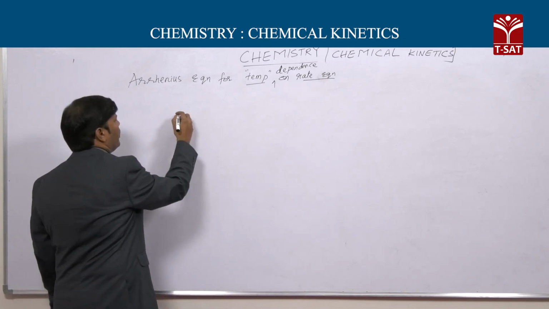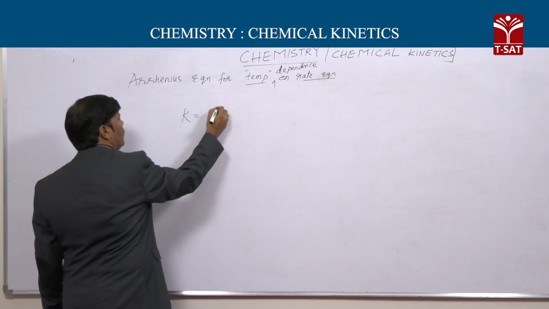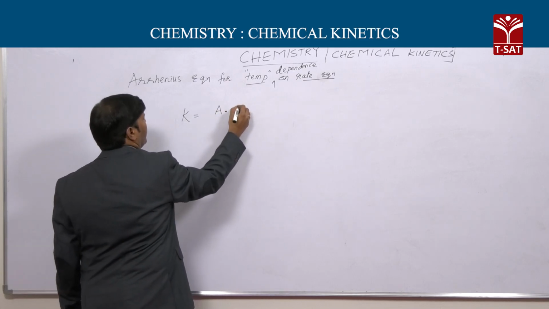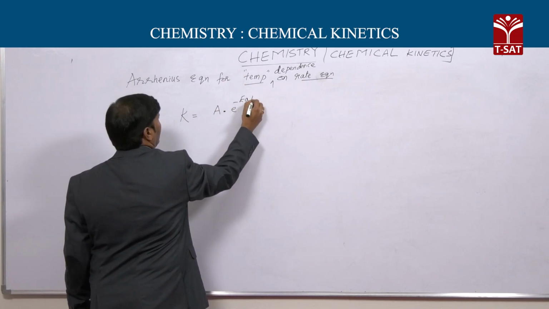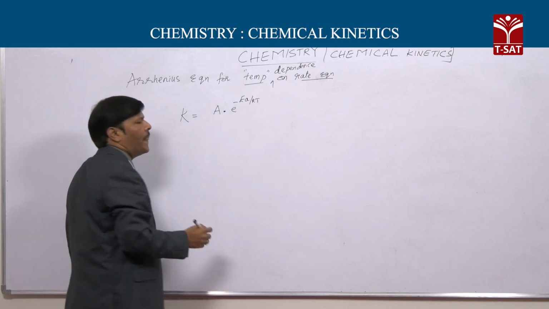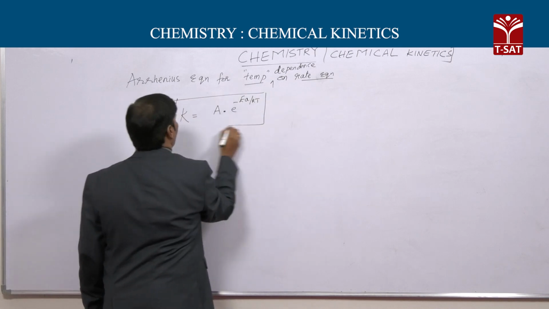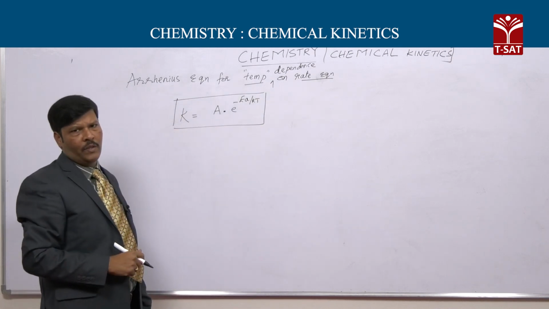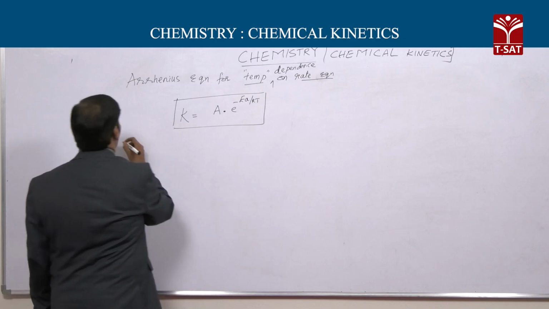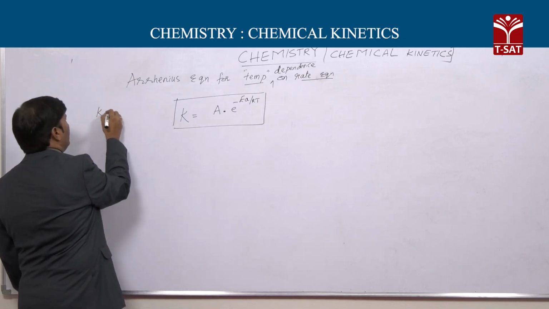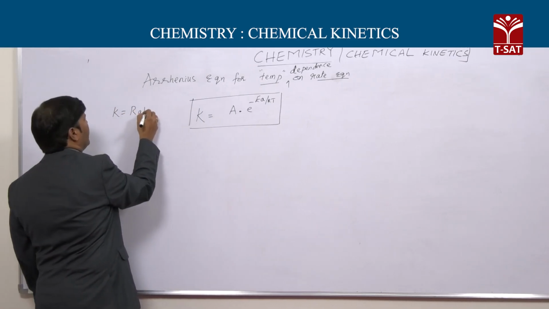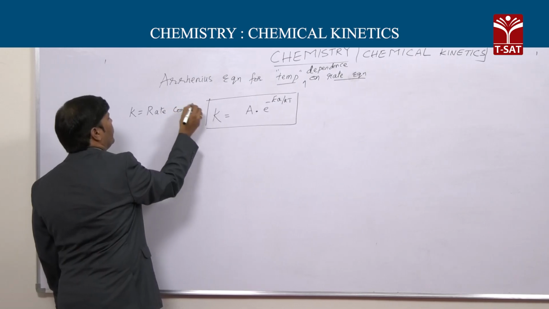So directly I am giving you the formula: k is equal to A into the exponential of minus Ea by RT. Let us slightly modify this expression. This is the Arrhenius equation. Here k is the rate constant of the rate equation.